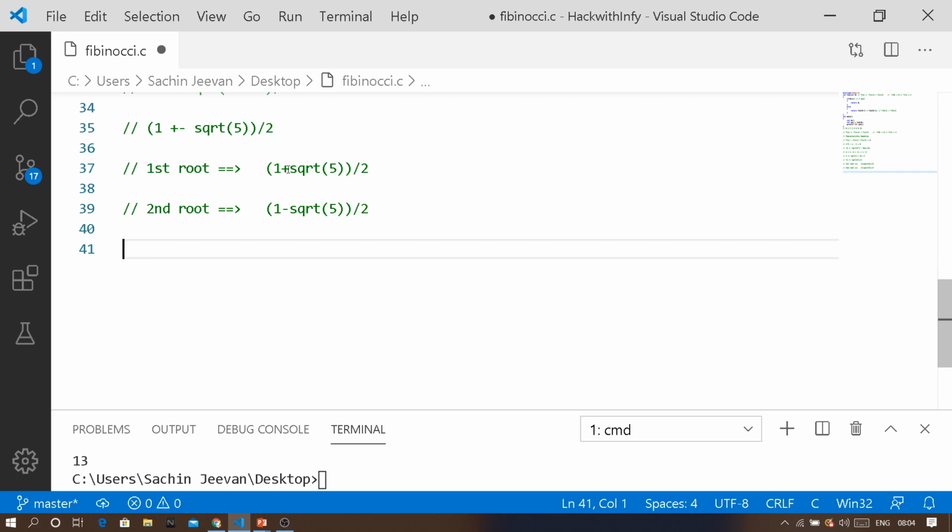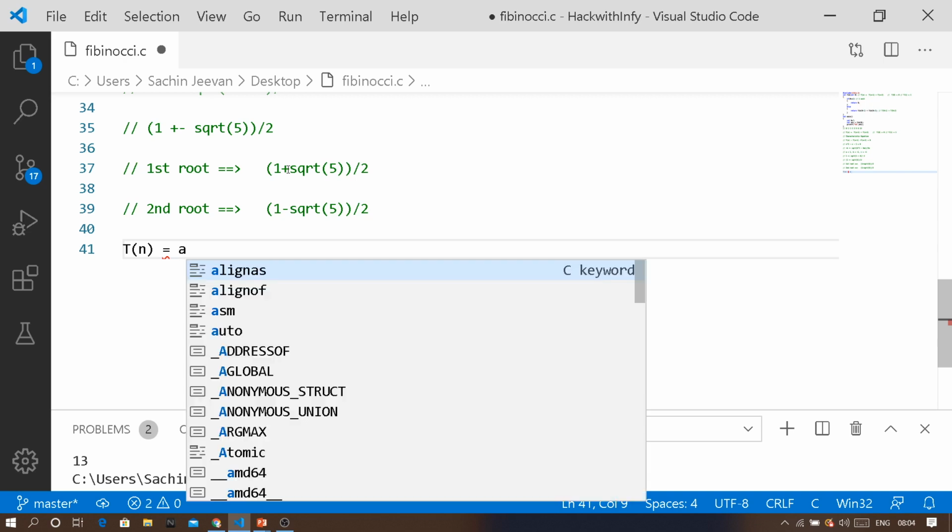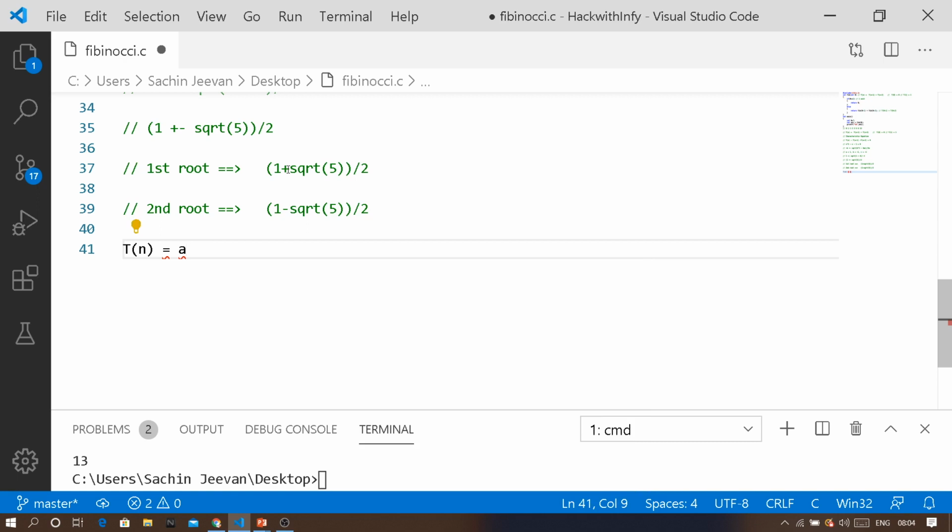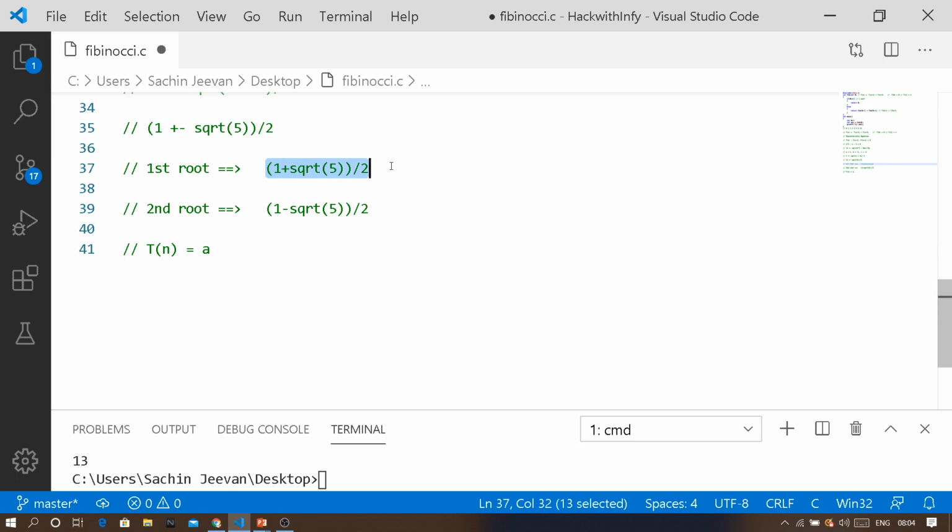We have to write t of n is equal to, we should be writing the equation. First of all, we have to introduce the first unknown variable called a, followed by the first root. What is the first root?